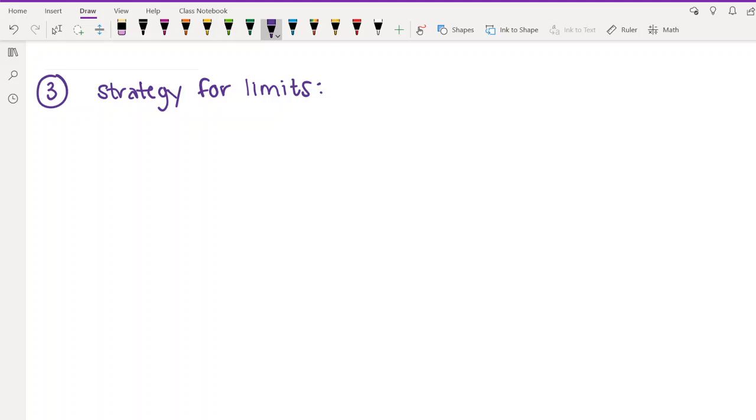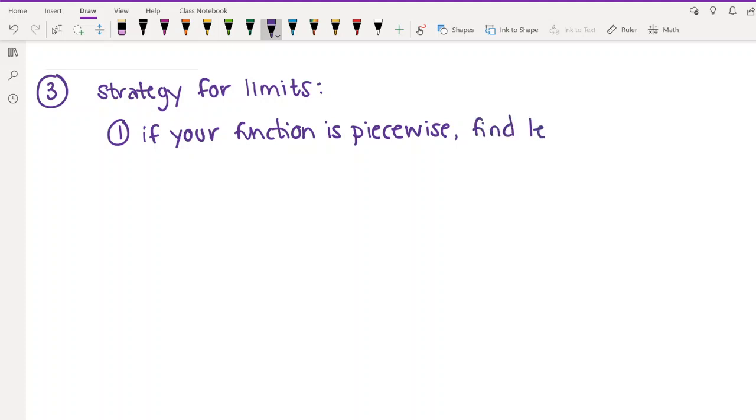And actually, maybe even before that, I should say one thing, which is that if your function is piecewise, so that's like the first example we did in this video, then you're going to want to find the left and right hand limits separately.